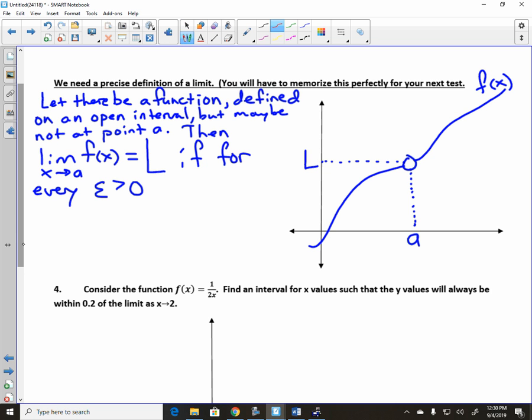what is epsilon? Epsilon is the value above or below the limit. So this would be L plus epsilon, and the bottom would be L minus epsilon.